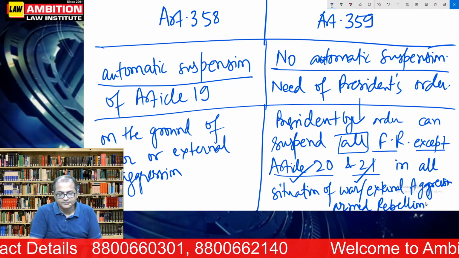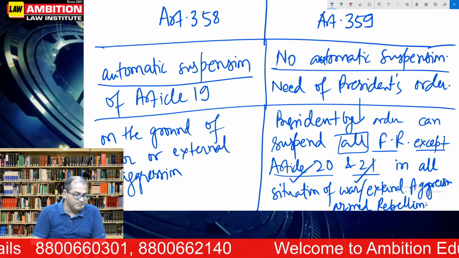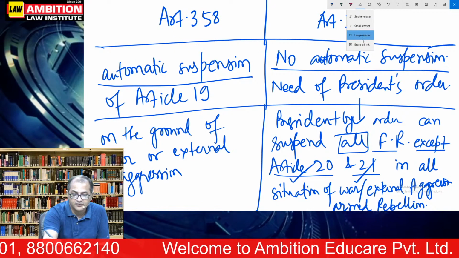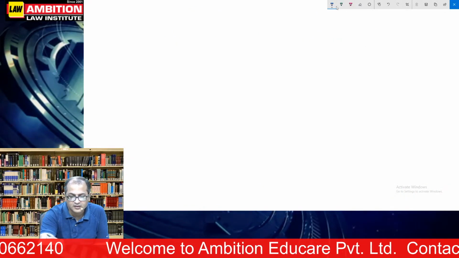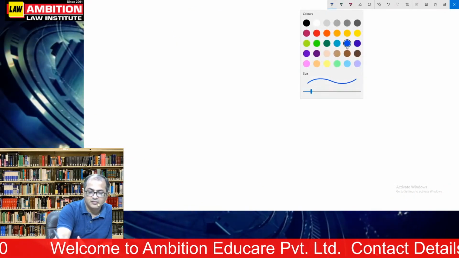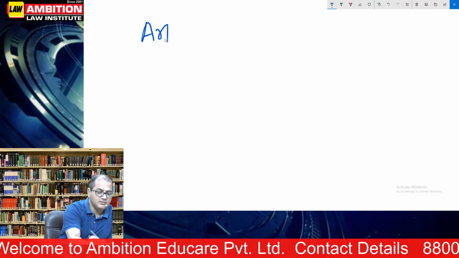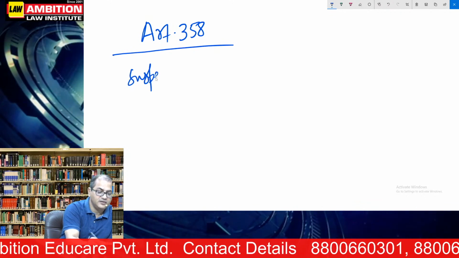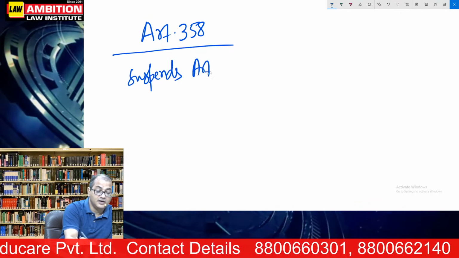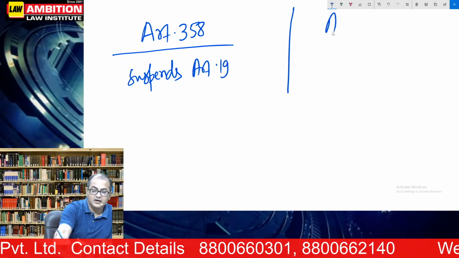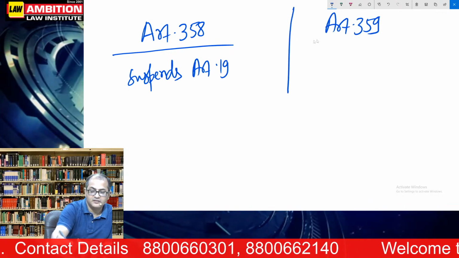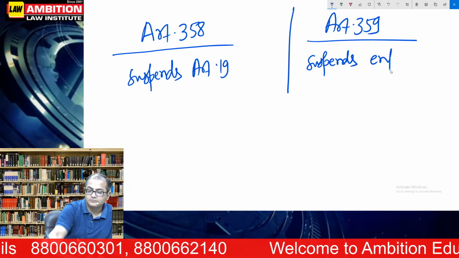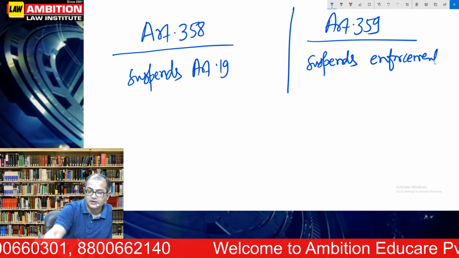Now let me tell you one more point which is very pertinent and which you must know. I will advise you to read on that as well, and that is very simple. Article 358 suspends Article 19. And if you read Article 359, it says it suspends enforcement.